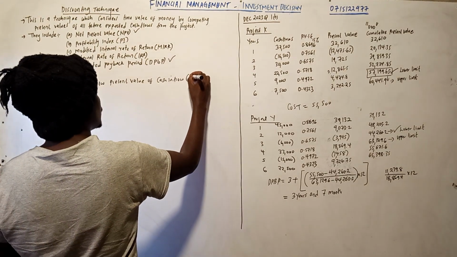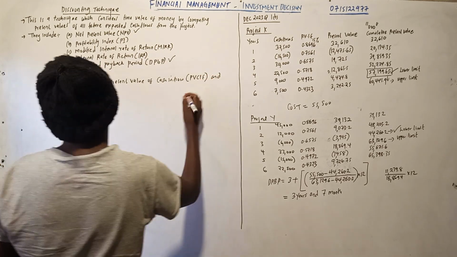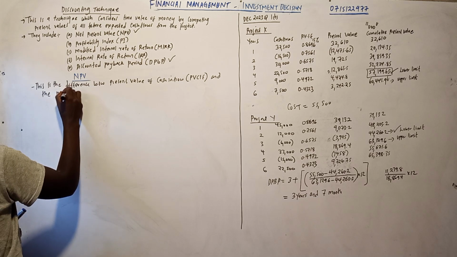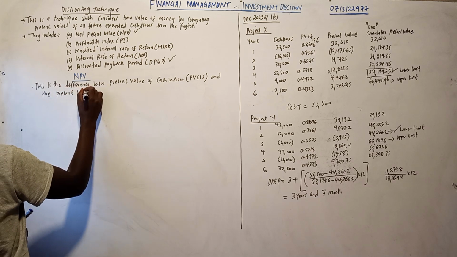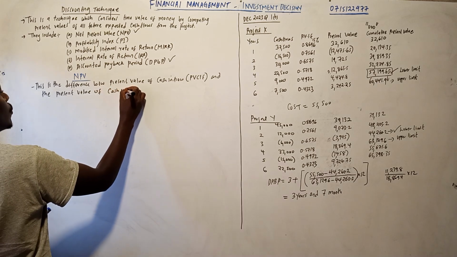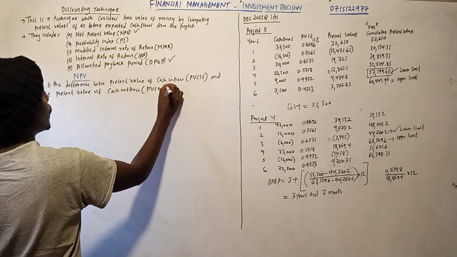So this one is the present value of cash inflow and the present value of cash outflow. PVCOF.